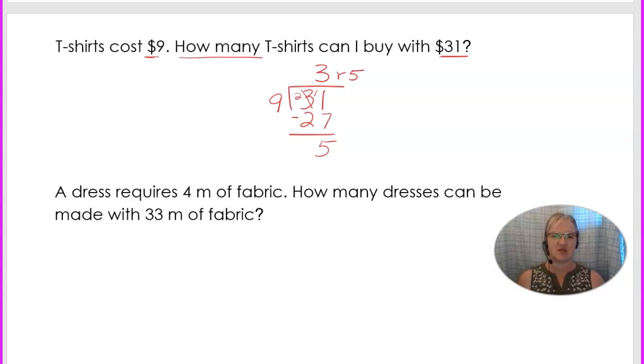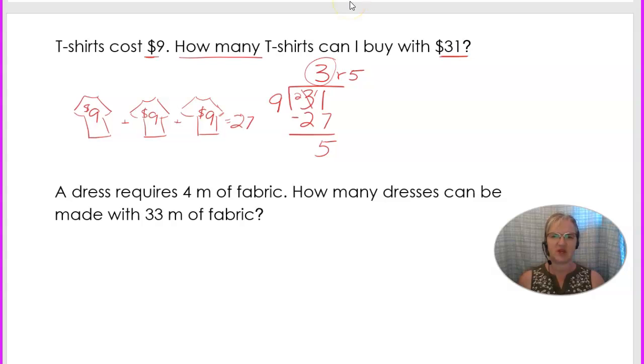So what this means is I can buy 3 t-shirts. I have enough to have 3 t-shirts because each t-shirt, if we draw out our t-shirts here, I'm not very good at drawing t-shirts, but each one is going to cost us $9. Sometimes this helps to think it through to help us visualize if we make a model or a picture of what we mean. So we know 9 plus 9 plus 9 will equal 27.